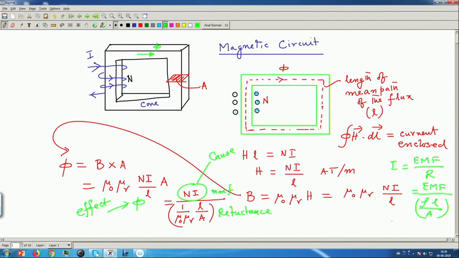Although the MMF and the flux in an electrical circuit, as you know, the circuit is like this, resistance, and this is your EMF, say E by R, and this is the current. But in a magnetic circuit, this MMF and this flux, wherever it is flowing, they are totally decoupled. I mean, it is not that flux is in the conductor.